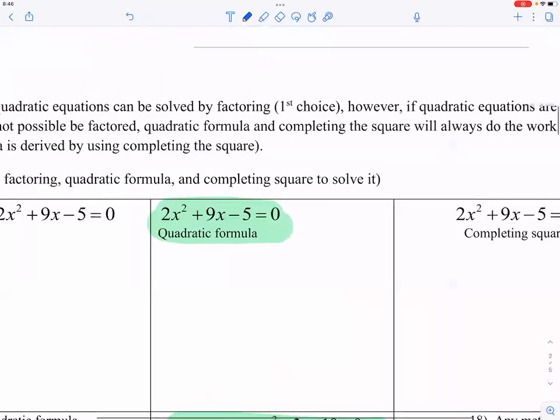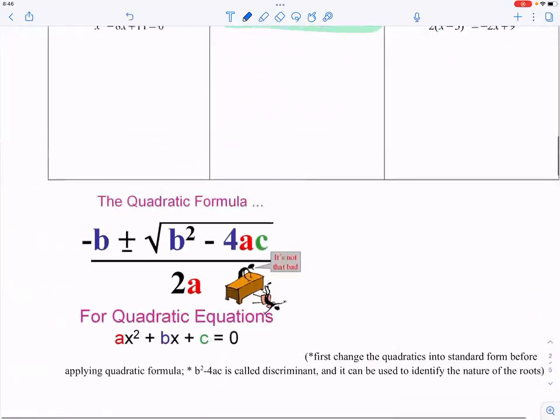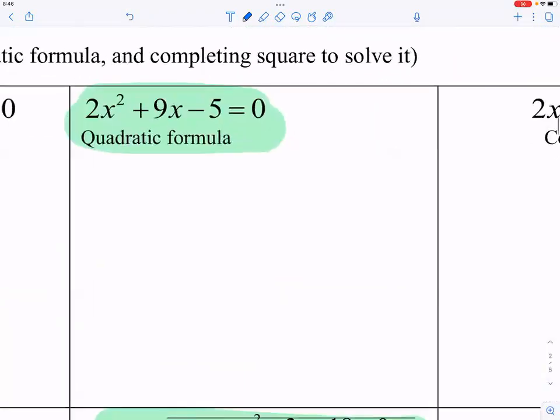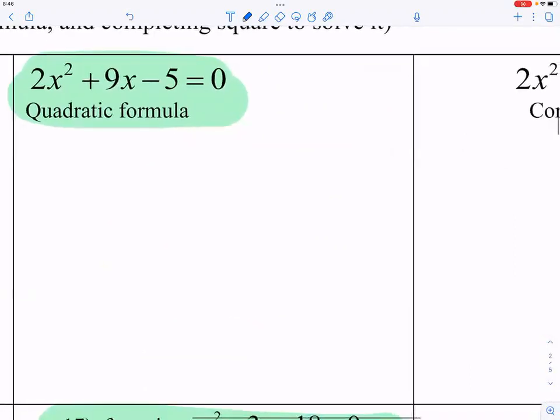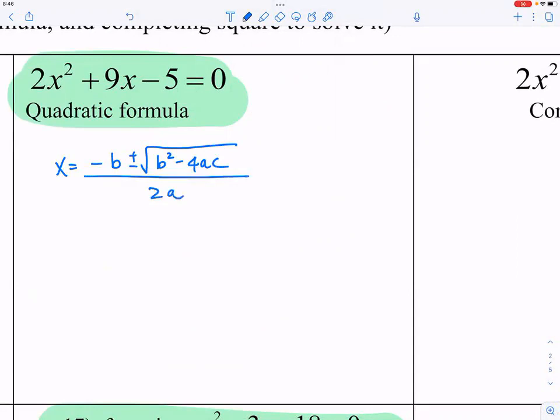It's printed below, right? x equals negative b plus or minus the square root of b squared minus 4ac, over 2a.